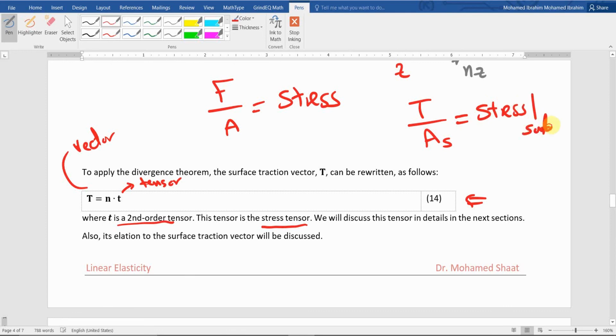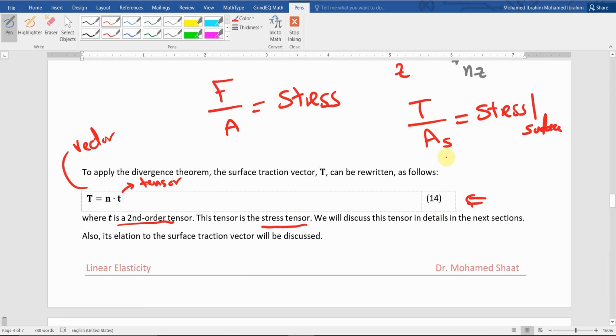But it is hard for us to deal with the stress over the surface. It is even hard to measure this stress experimentally. It is easy for us to measure or find the stresses related to the particle located in the core. So that's why we had to use the divergence theorem to convert the surface integral into a volume integral, right?